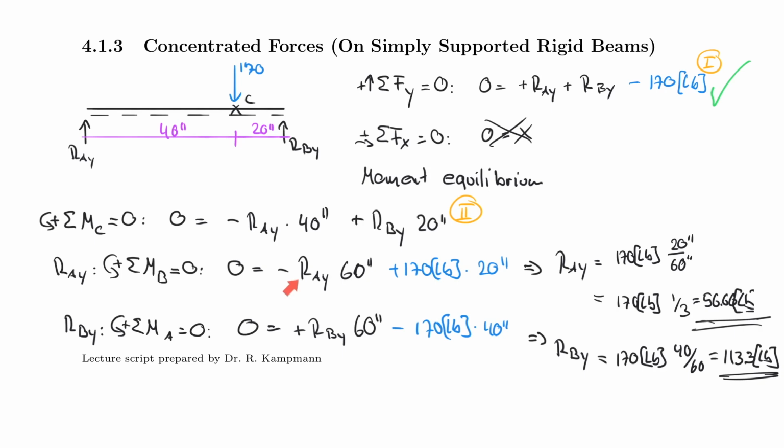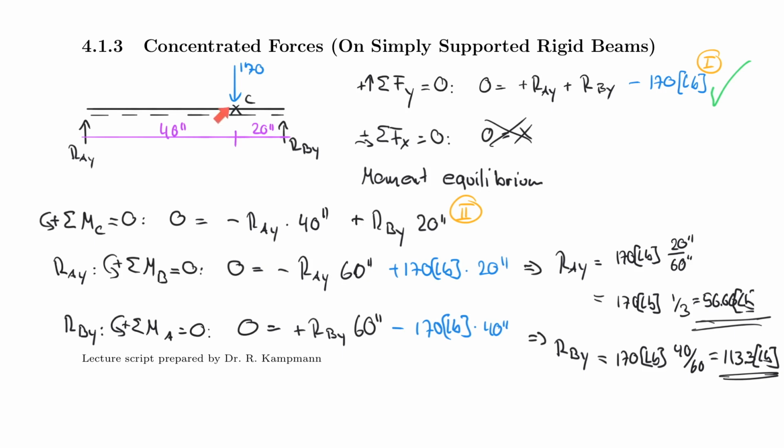Sometimes students are very tempted to define a negative and a positive based on the direction. So for example, here RBY goes up, therefore it's positive. RAY goes up, therefore it's positive. No, this goes out of the window now. It's only dependent on the rotational sense. And that's why RAY here is actually negative: it rotates clockwise. Therefore, it's negative, right? Remember the right-hand rule. That's where it's coming from.